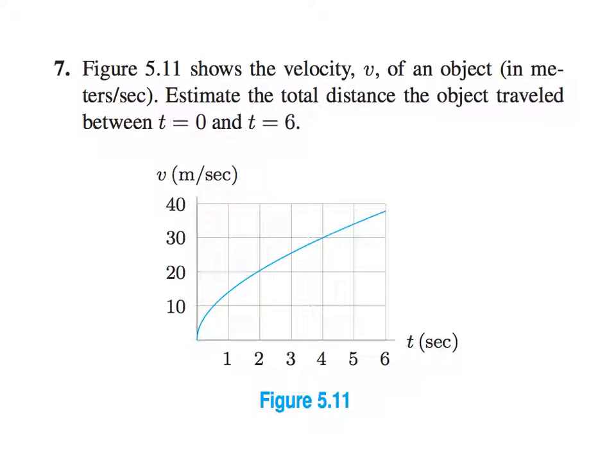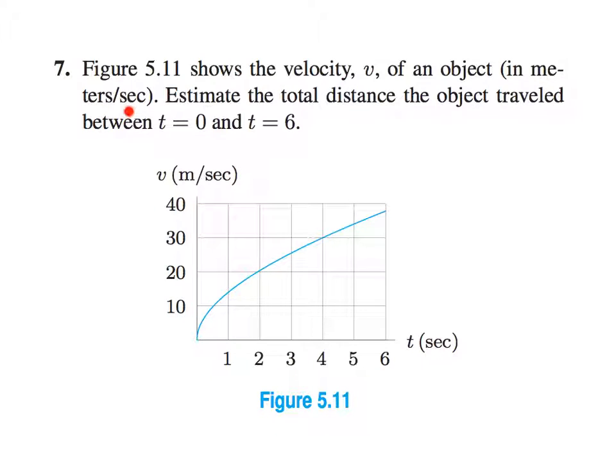So let's apply these ideas to some problem from the book and practice these kinds of problems also, because they're very similar to problems on the quiz for this week. So here's the problem. Figure 5.11 shows the velocity v of an object in meters per second.